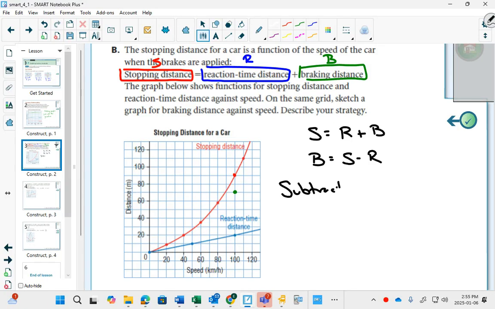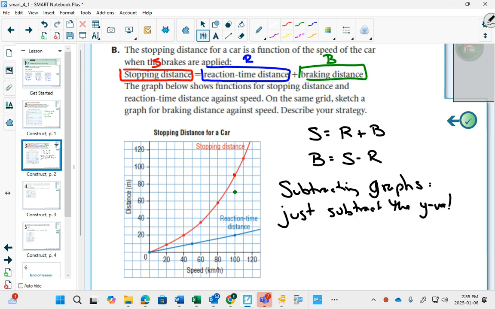If we're subtracting graphs, again, you just subtract the y values. So we can go through this all the way through.